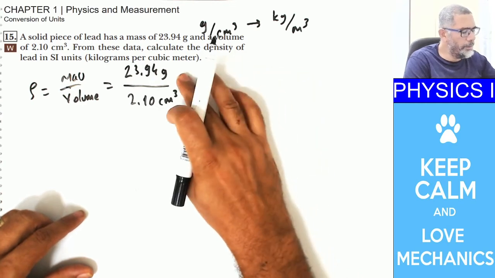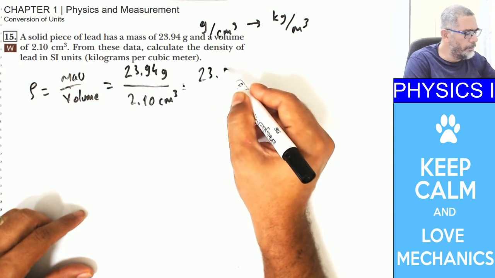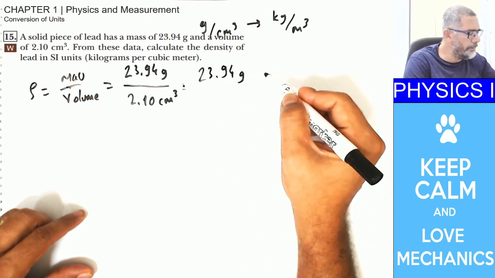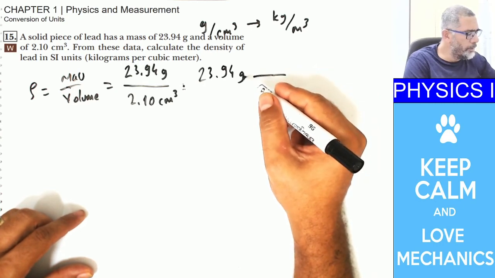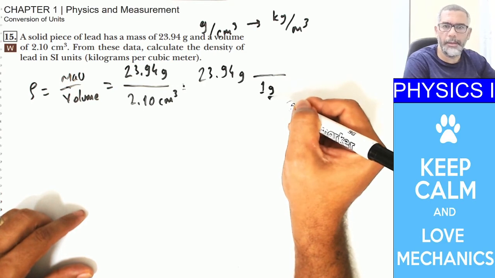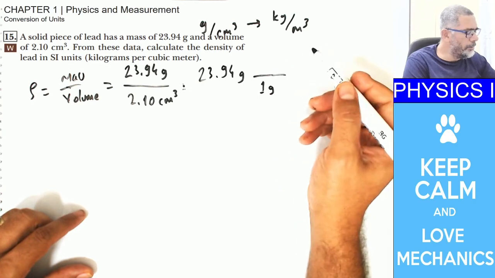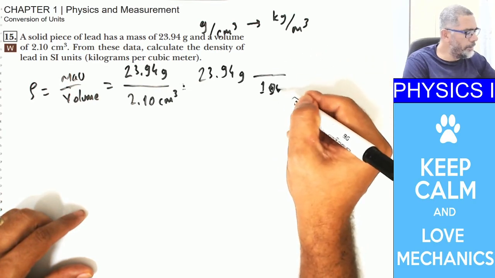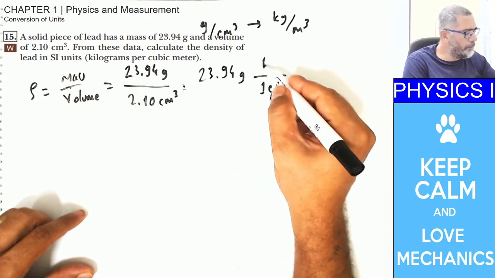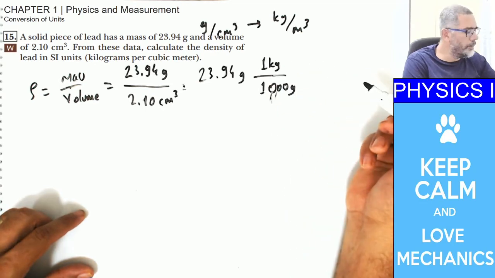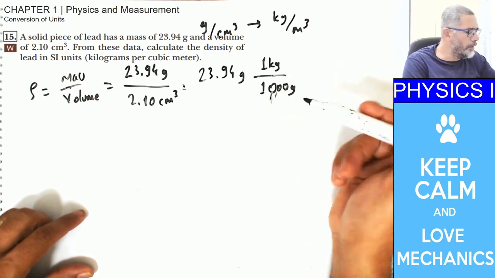Okay, you multiply this by the conversion factor. 23.94 gram, and since you want to get rid of grams, you put 1 gram over here, right, and you put the kilograms over here, but you put 10,000 grams, and over here you put 1 kilogram. Well, right, instead of 1 gram to 0.001 kilograms, I just put this one because it's easier to write.